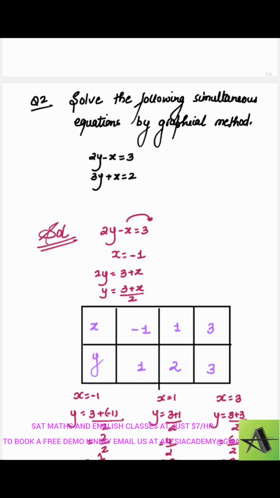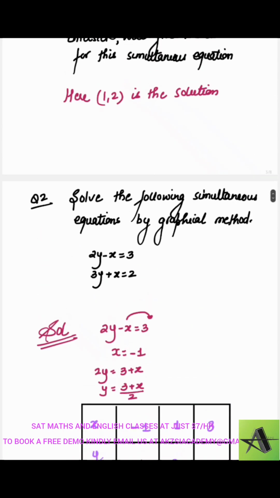In this case, there are two variables, x and y. So there are two different equations, but the value of x and y is exactly the same for both of these equations, and that can only be possible where the straight lines are meeting.